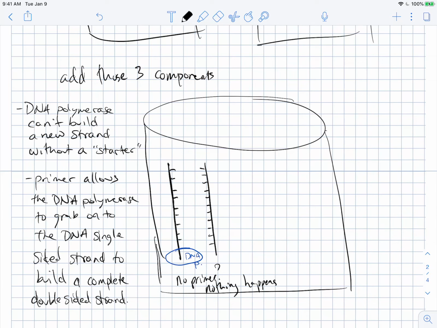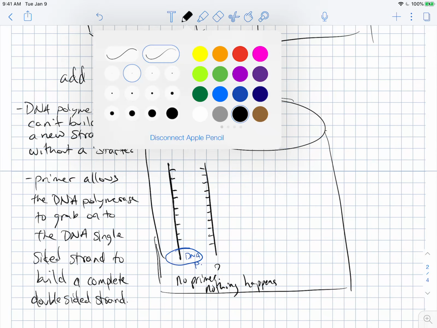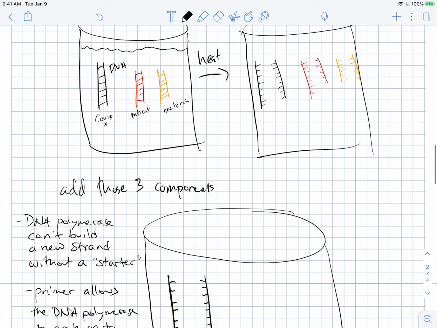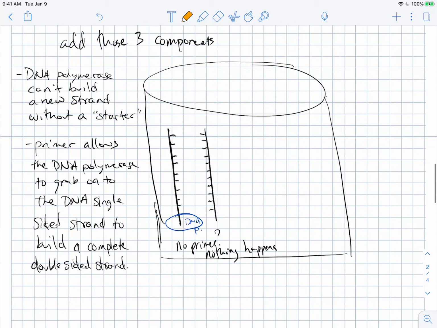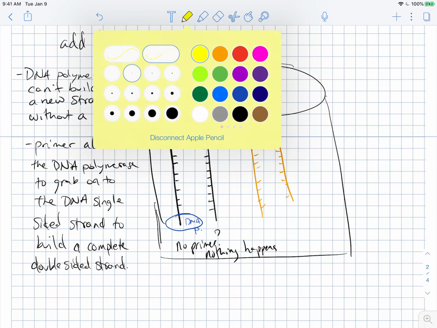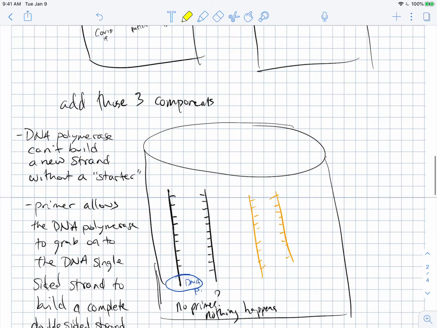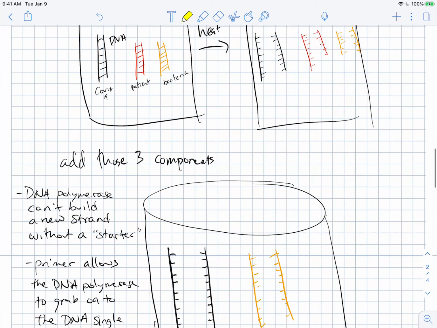So in my test tube, I'm going to quickly check and see what colors I had. I forget what colors I used. Orange and yellow. In my beaker, I have all this DNA that's now all separated out. I used orange and yellow, right? No, I used orange and red.